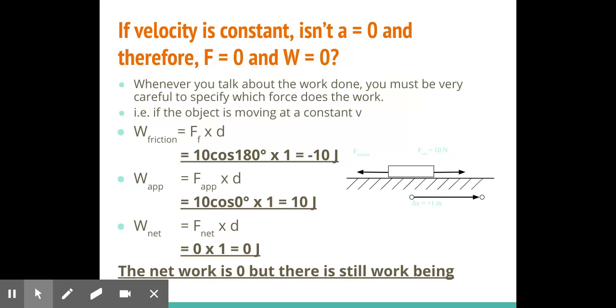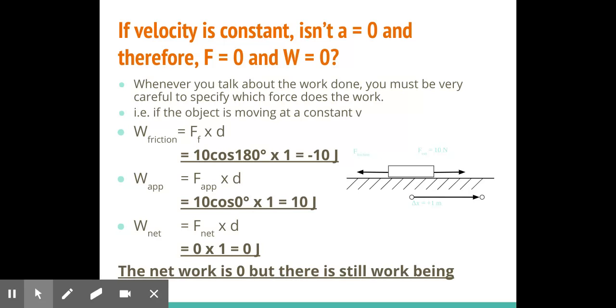So if a question did ask you what kind of work the applied force is doing, if the question was specifically asking how much work you are applying here in order to maintain this constant velocity, your answer would be that the work done by the applied force would be 10 joules.